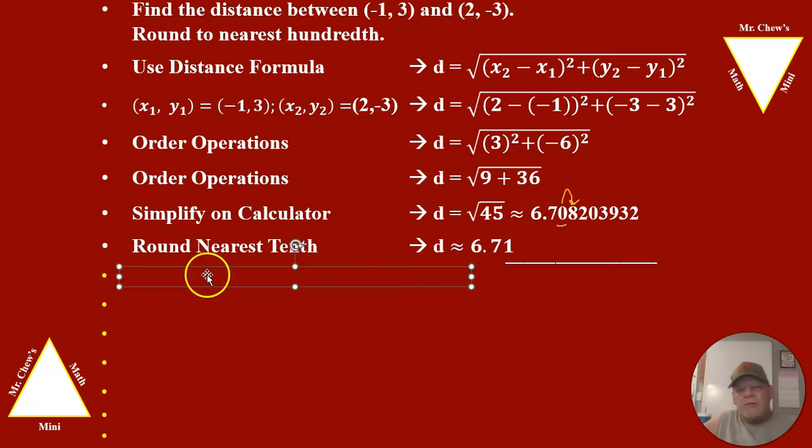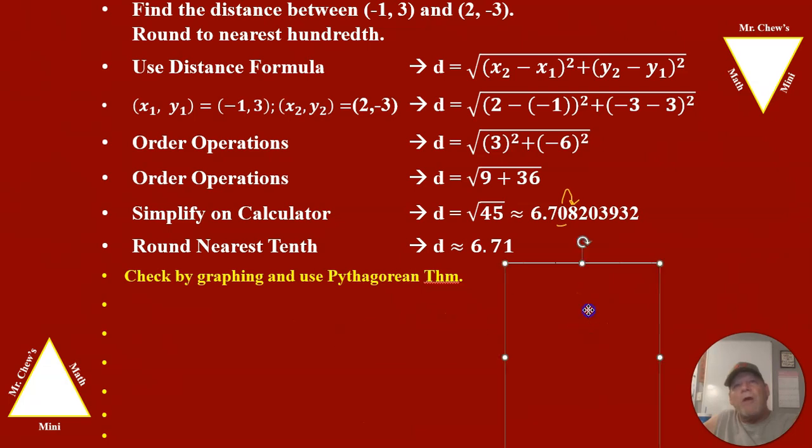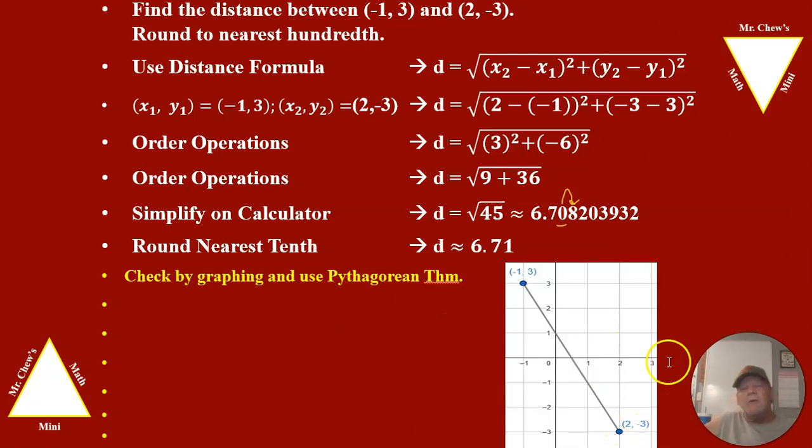Okay, so now to check this, we're going to graph it on a coordinate grid. So here's the point (-1, 3) graphed and (2, -3) graphed, and then I draw the line in between. Well, if you look, this creates a right triangle.